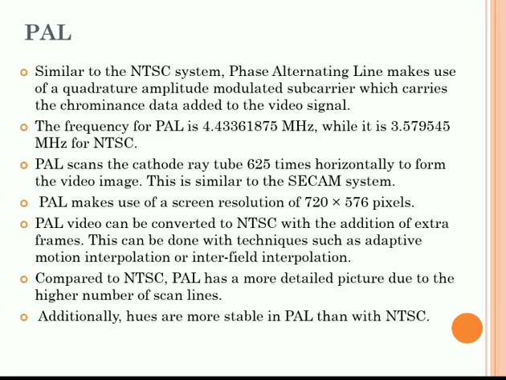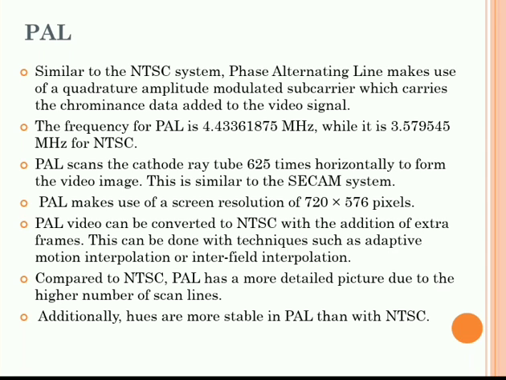The frequency of PAL is 4.43361875 megahertz, while it is 3.579545 megahertz for NTSC. We have seen in last lecture whatever the frequency for NTSC was, 3.579545 megahertz, and here it is 4.43361875 megahertz for PAL.